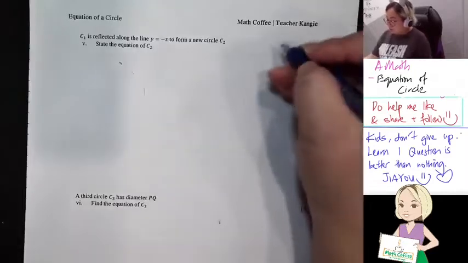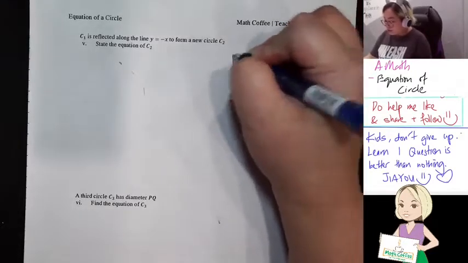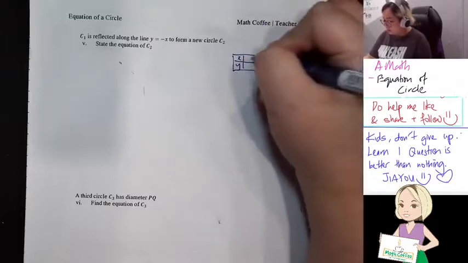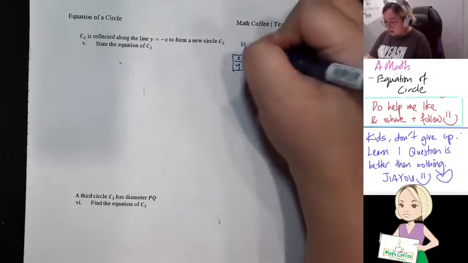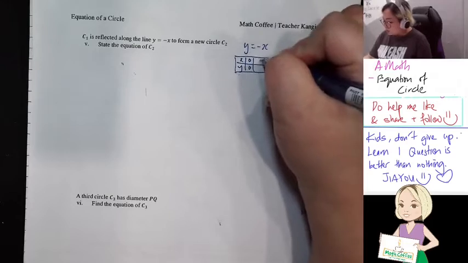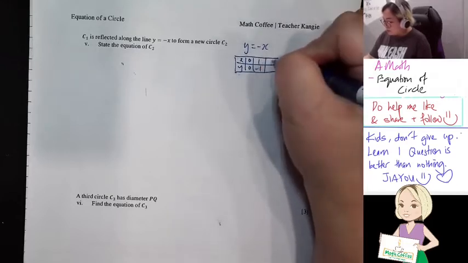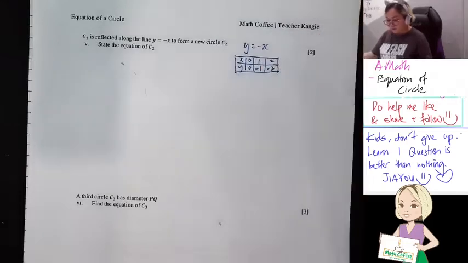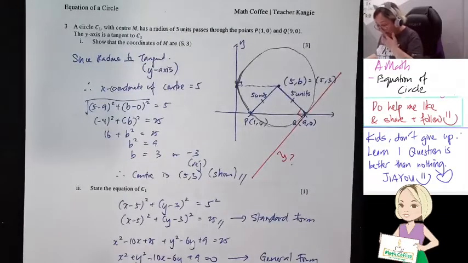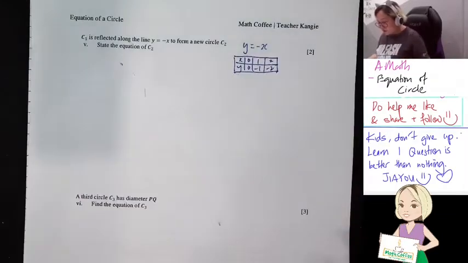It's not necessary for you to draw, but I'm drawing it out so that I can show you what it means. So when it's y equals minus x, when x equals 0, y is 0. So when x is 1, y is minus 1, when x is 2, y is minus 2. This kind of question came out in my MI.